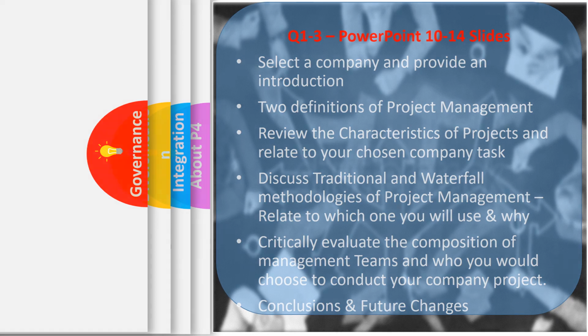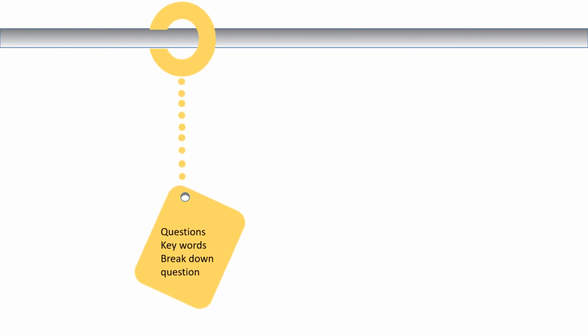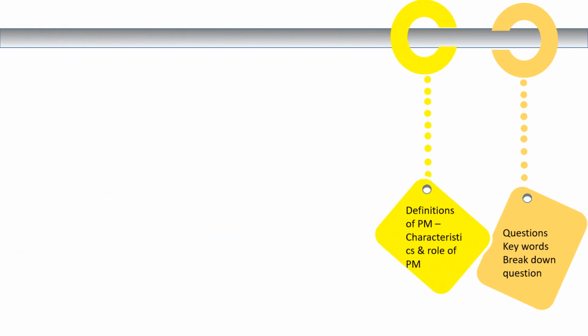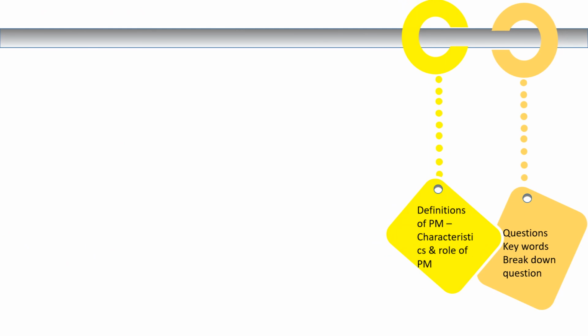I hope it's been helpful. In the conclusions, we can see we have actually covered the key questions and assessment criteria, and we've broken the questions down, as well as identifying the key words. We've defined project management, as well as looking at the characteristics and the role of the project manager in terms of the requirements of his skills and common traits a good project manager should have.